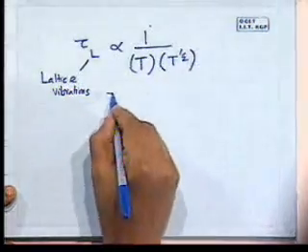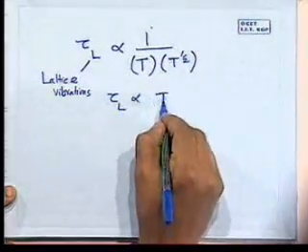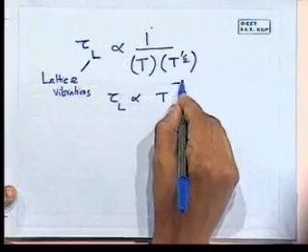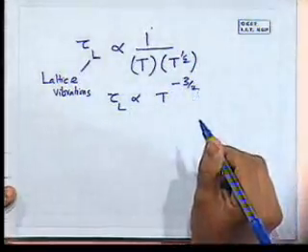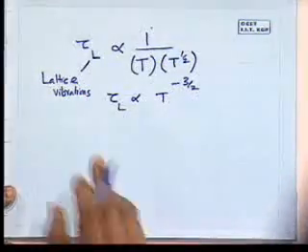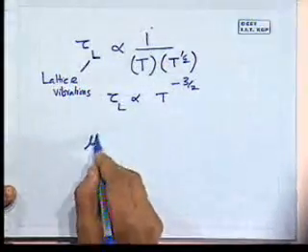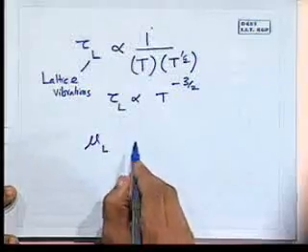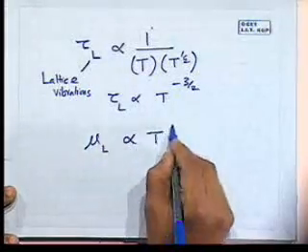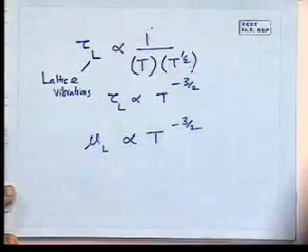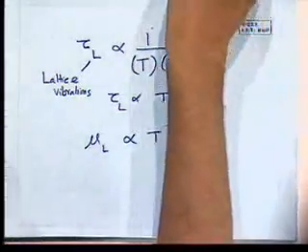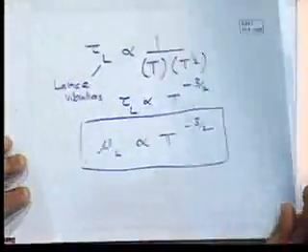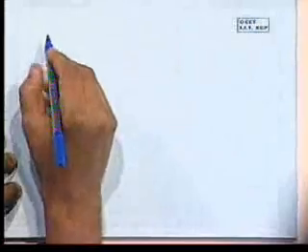So we can then write that tau L is proportional to T to the power minus 3 by 2, or T to the power minus 1.5. Okay? So accordingly, since mobility is proportional to tau, mobility due to lattice scattering is also proportional to T to the power minus 3 by 2. So lattice scattering has a T to the power minus 3 by 2 temperature dependence. One aspect of it we've got. The other thing is due to impurity scattering.